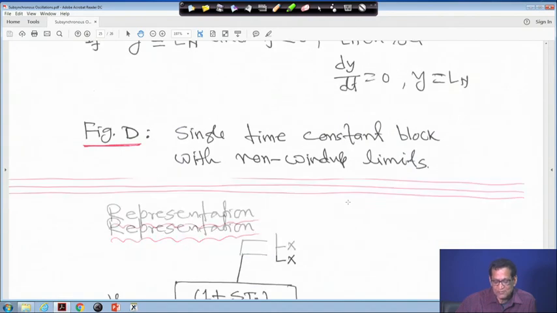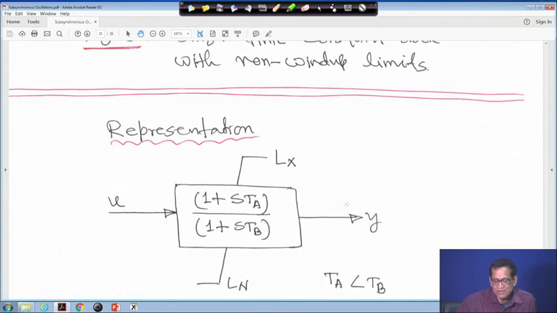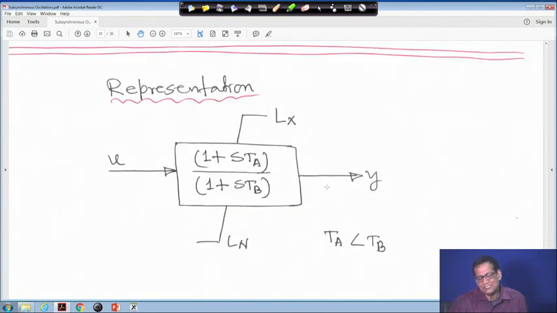Now next is lead lag. You have studied lead lag in the power system stabilizer, but there we have not considered these limits, because we wanted to avoid those things for classroom purposes. So, just the representation will be shown. This is 1 plus sTA divided by 1 plus sTB.